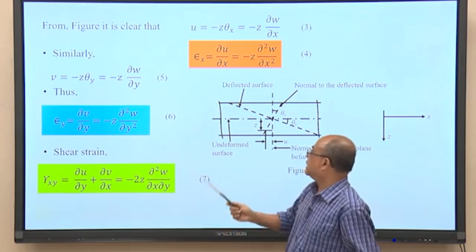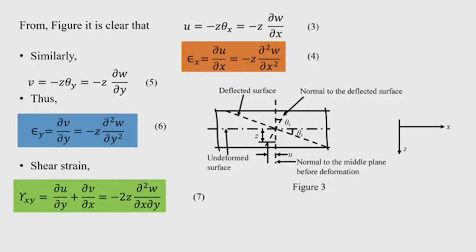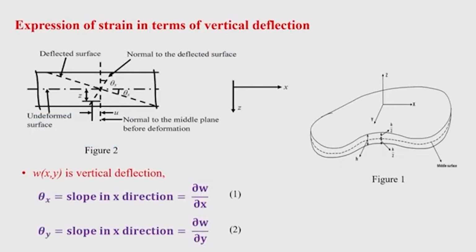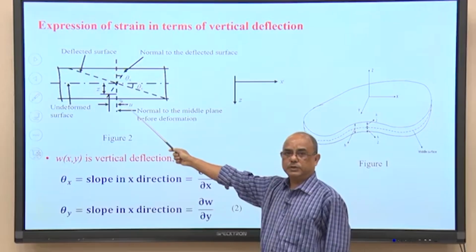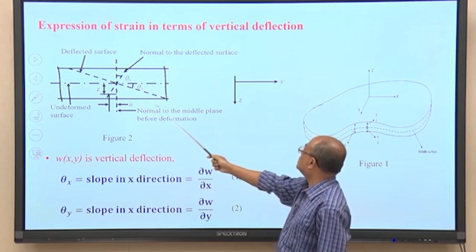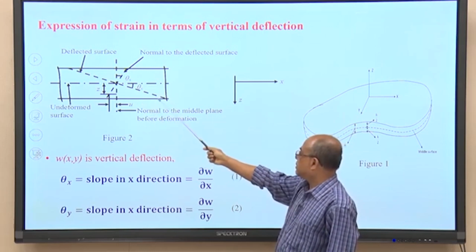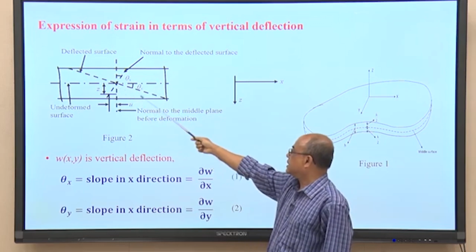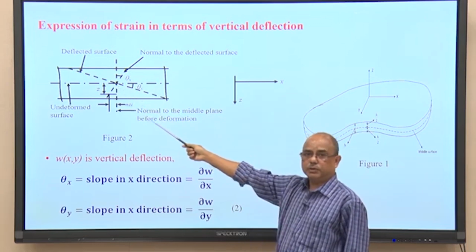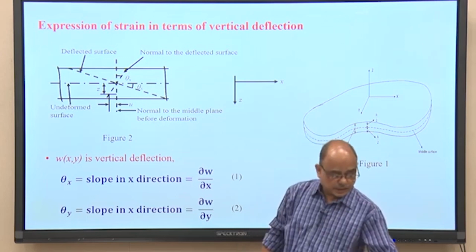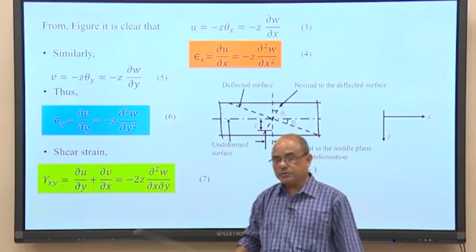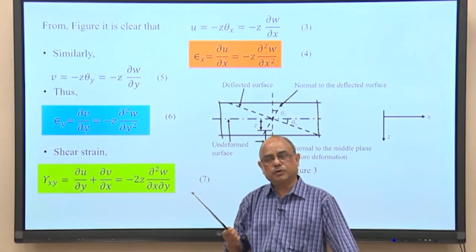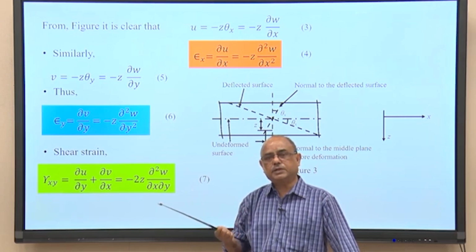Now, from that figure we can see that the displacement in the x direction, denoted by u, is given as follows. You can see z is the height and theta is the angle. So, this u can be computed based on the tangent rule, and because of small deflection, tan theta will be theta.